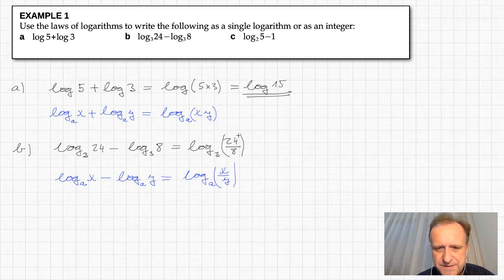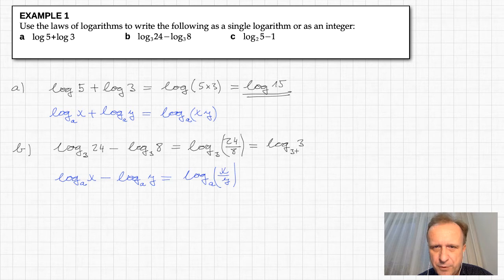Okay, and since 24 is 3 times 8, it's the logarithm in base 3 of 3. Now there is a very interesting question. What is the logarithm in base 3 of 3?